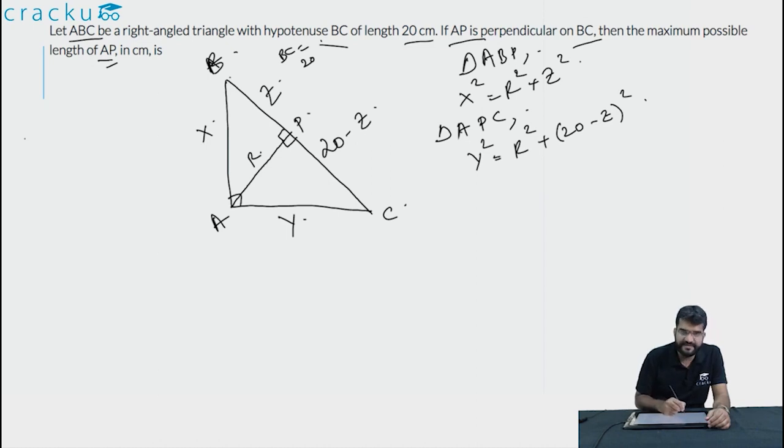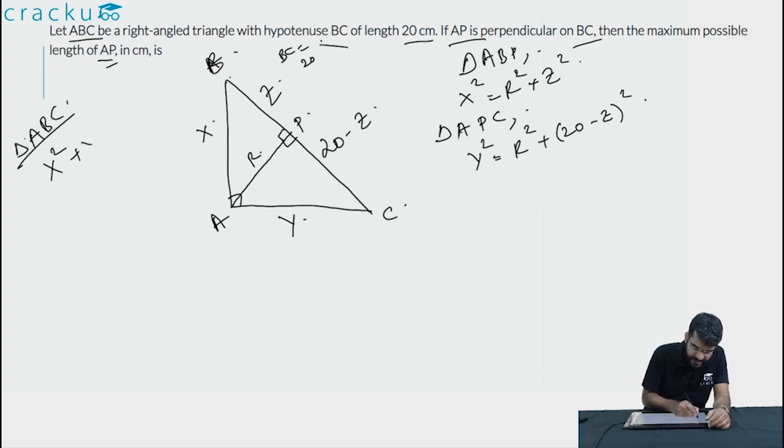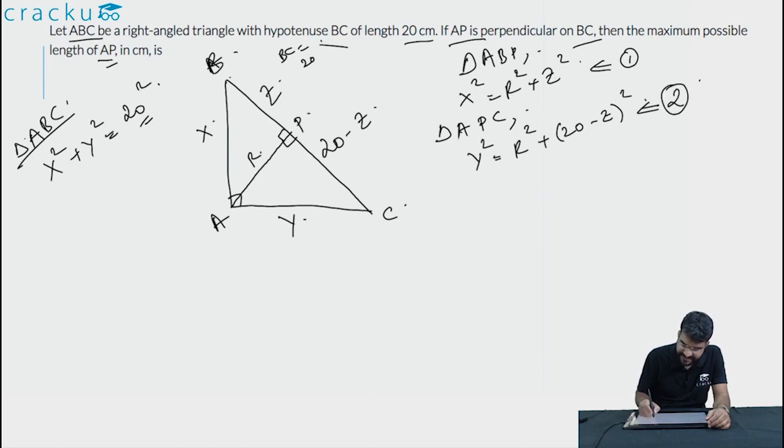Now remember that ABC itself is a right angle triangle. So in triangle ABC, x square plus y square is equal to 20 square, where 20 is the length of the hypotenuse. So if you add the first equation and the second equation, we will get a term x square plus y square. Substituting 20 square in place of it, we can eliminate both x and y.